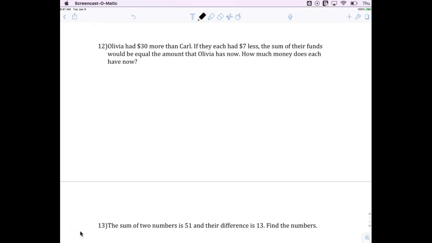I'm interested in setting up the equations and then solving the equations. That's what you're supposed to do. For each one, you should have 2 equations. Every time. And number 12 is the hard one. One step at a time.